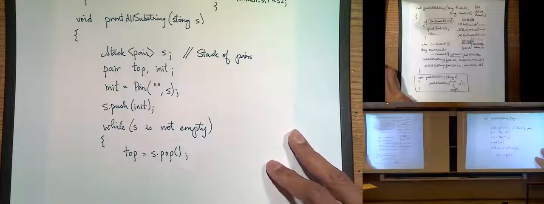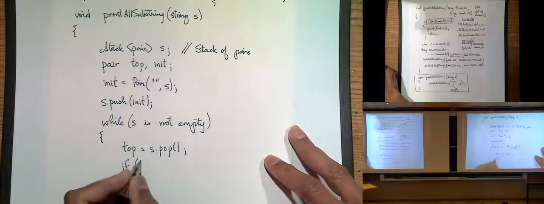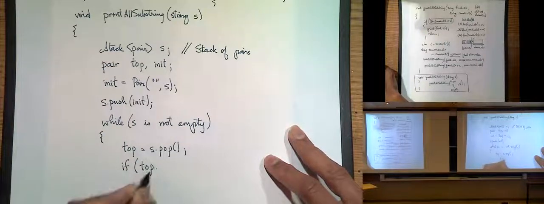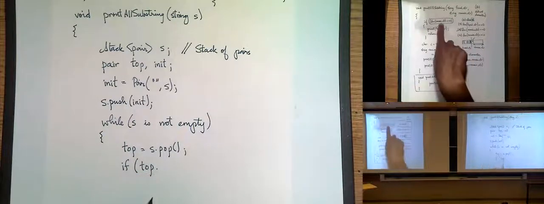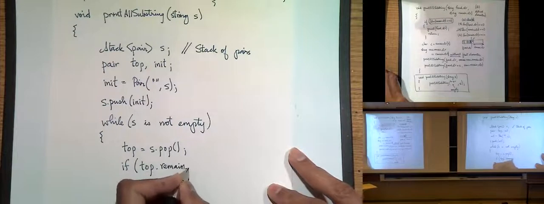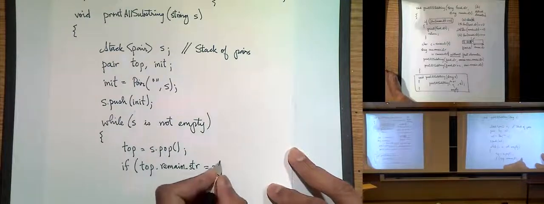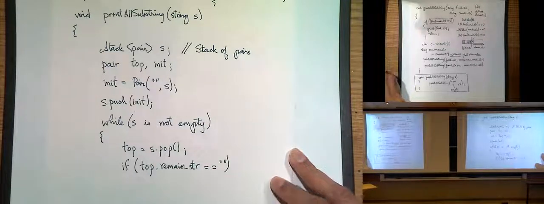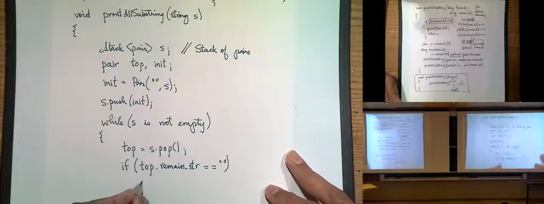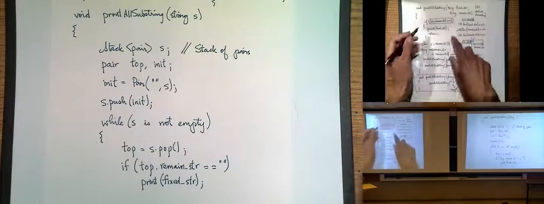So I pop the top of the stack. Now I have to do the base case. If this is the empty string, then I print the fixed string. This is just the base case here.